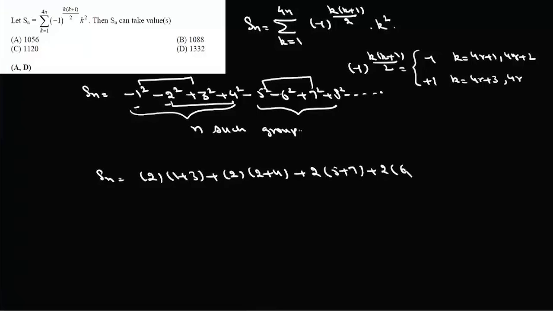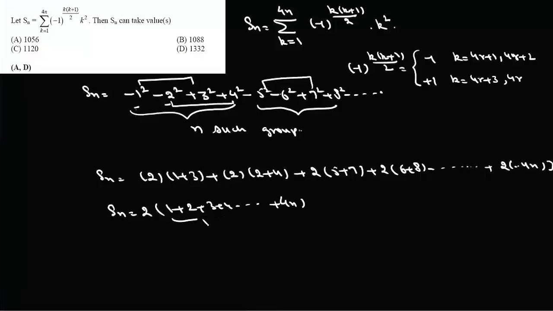This is 2 into 6 plus 8. It'll continue up to 2 into 4n. Now what we'll do is we can take 2 common. So it'll be this 1 plus 2 plus 3 plus 4 up to 4n, which is the sum of the first 4n terms. So it'll be equal to 2, and this is n plus 1 by 2. So this 2 and 2 will cancel.